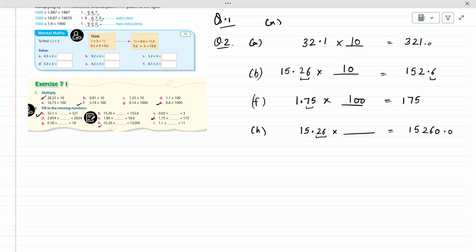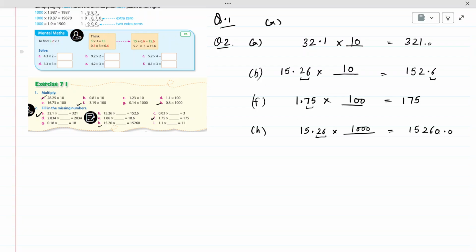One place, two places, and then we have 0 also. So that means we are multiplying this number with 1000. So when we are multiplying this with 1000, this decimal is moving three places right. We have two places here and then this 0 which goes for the third place.